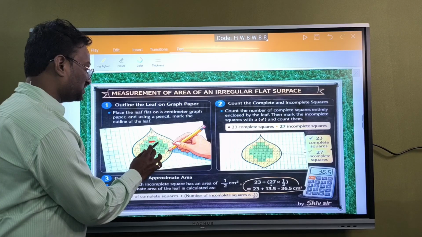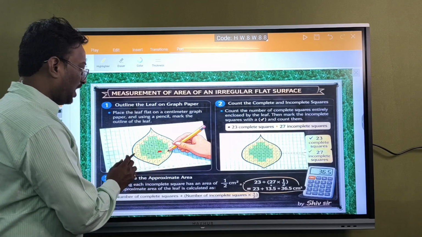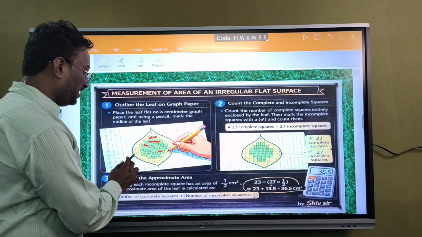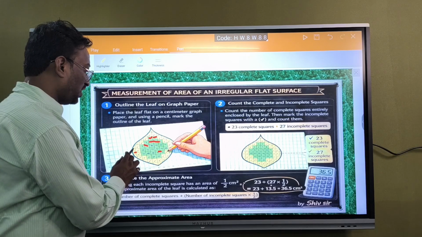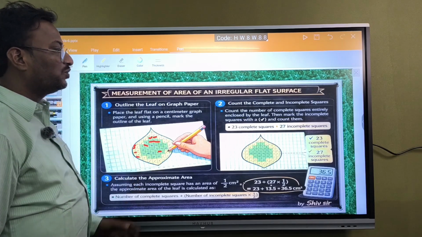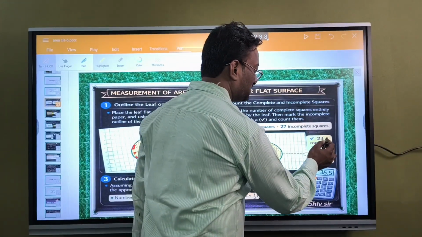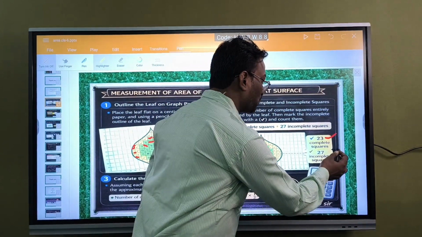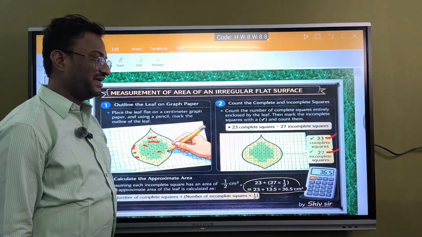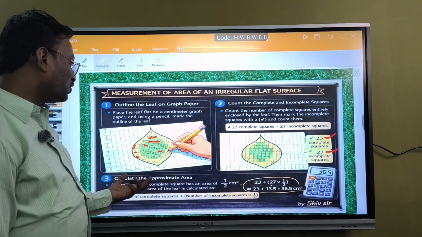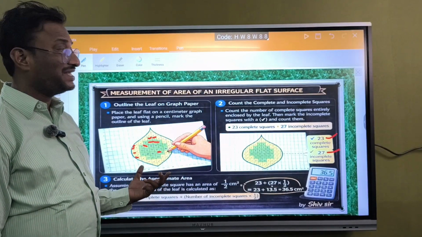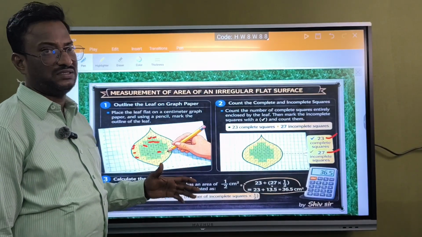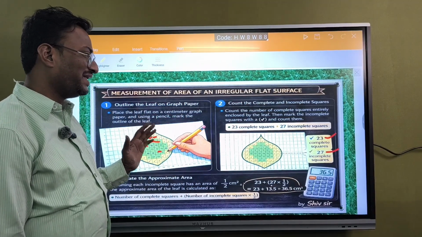Count the complete squares, and then at the edges you are going to have half-filled squares, not incomplete squares. Count the complete squares once and incomplete squares a second time. Then you can calculate the approximate area through graph, but it is not exact. It is an approximate area.